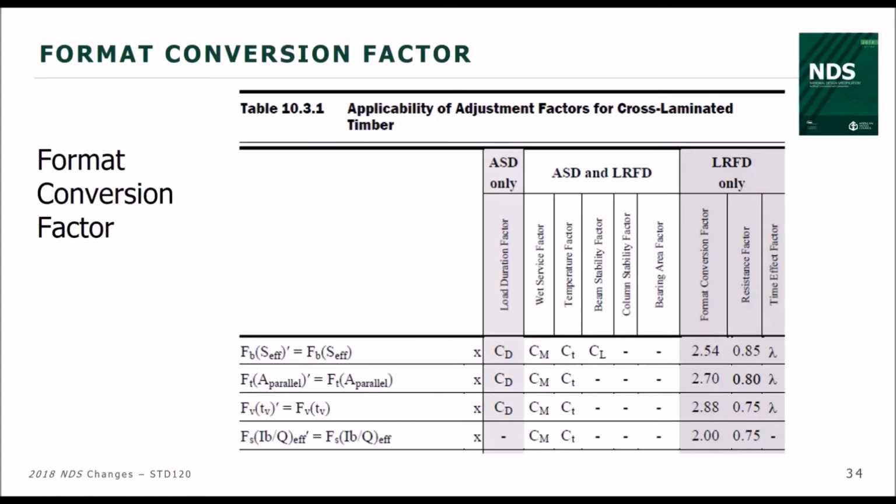And we've had some clarification here related to if you're doing LRFD design, where now, instead of having a conversion factor of 2.88, it's been changed to 2.00. And this is to be consistent. There was a change related to ASTM D5457, and related to that change, to be consistent with that change.